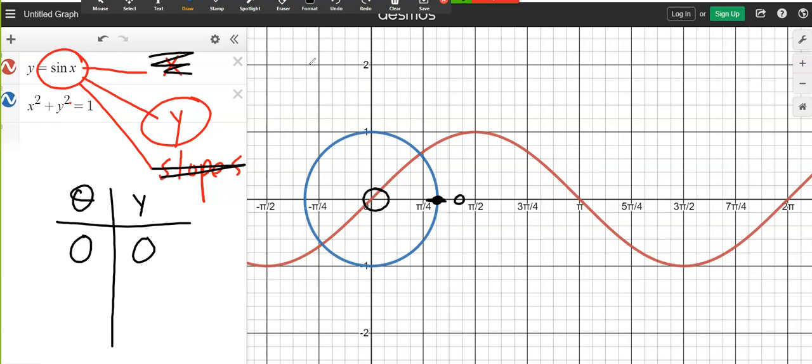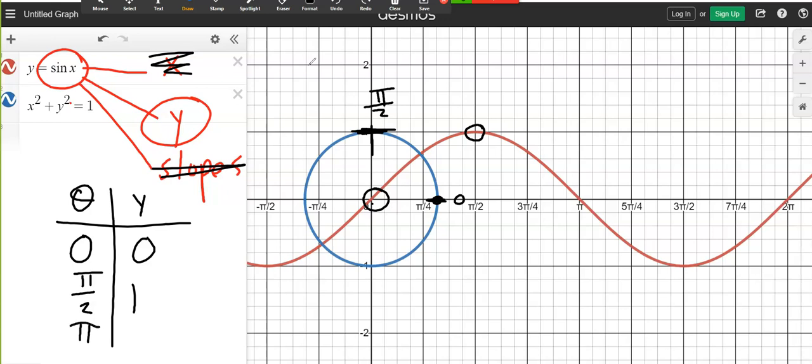What is the y value all the way at the top of the circle, which is the angle measurement pi over 2? 1. Correct. As a coordinate on the graph, that puts that coordinate right there: pi over 2, comma 1.